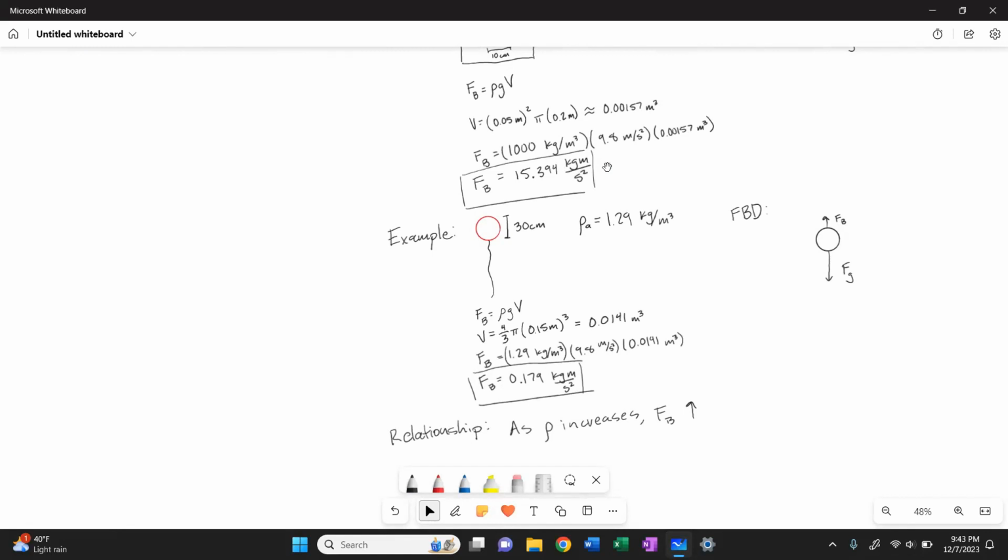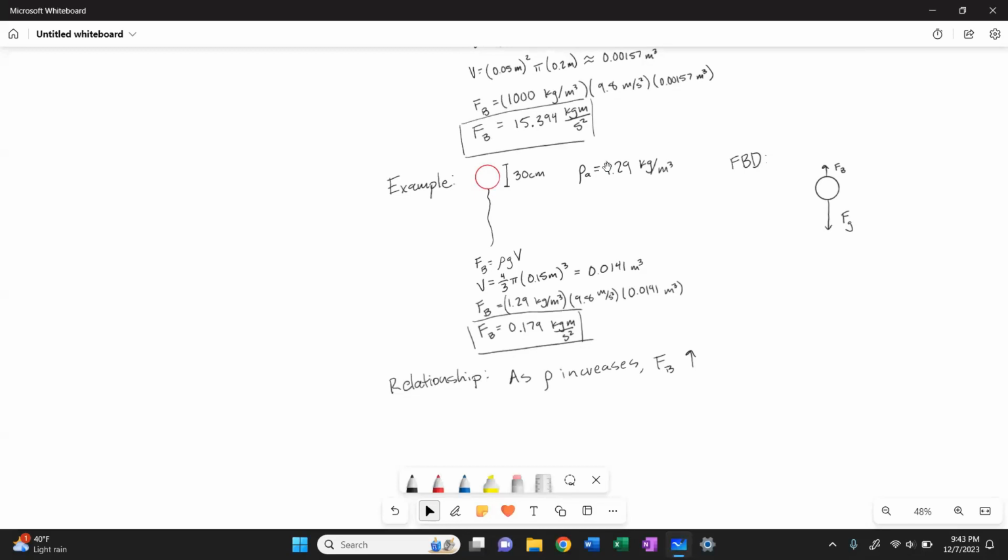And that checks out because we have a force of buoyancy of 15 versus the force of buoyancy of 0.17 in the balloon scenario. So we can see that this relationship makes sense, and the opposite will be true. As the density decreases, the force of buoyancy will also decrease. And that would be the end of my sense making.